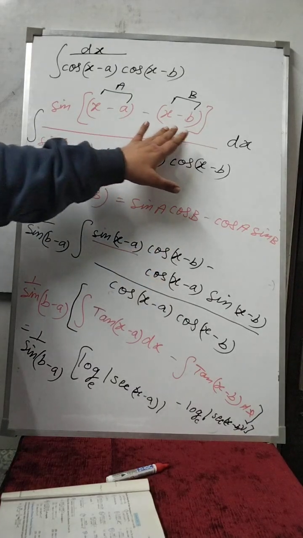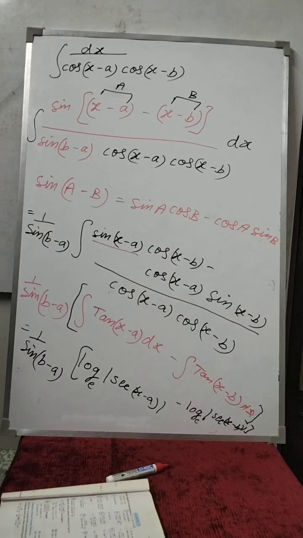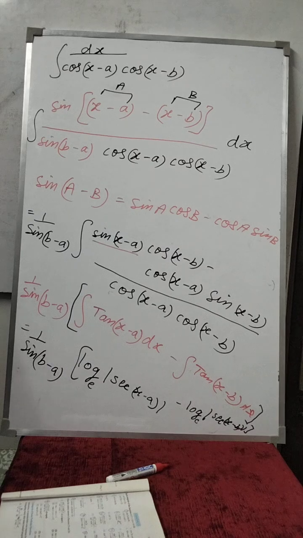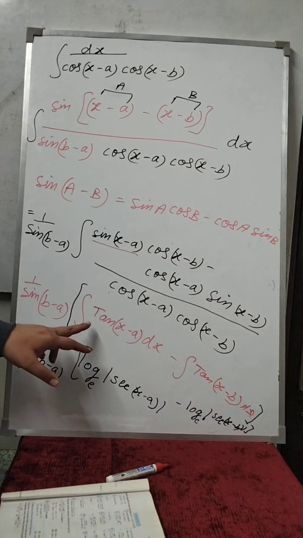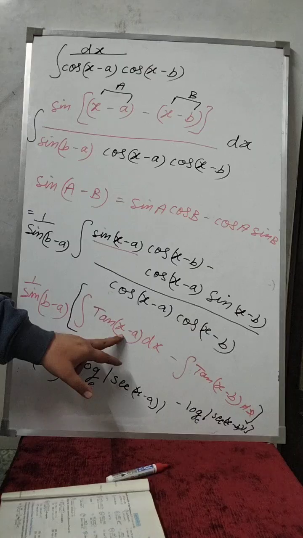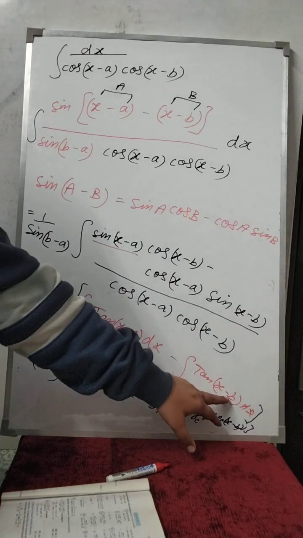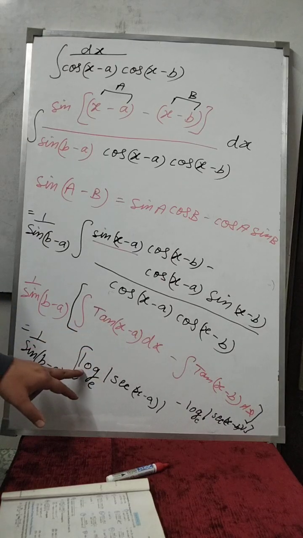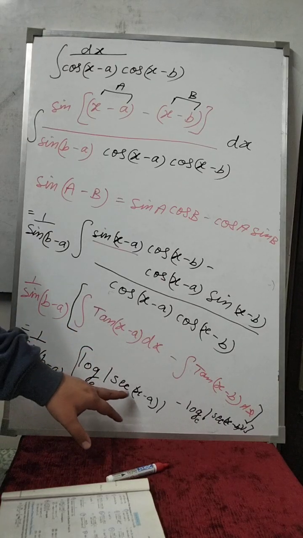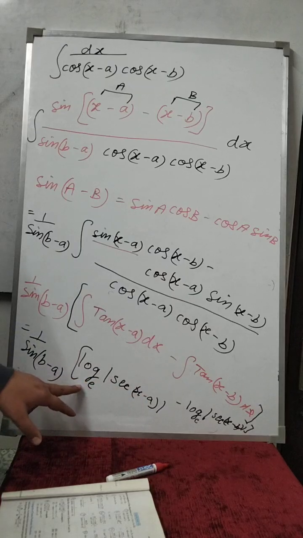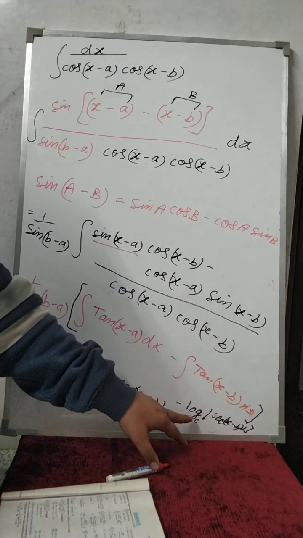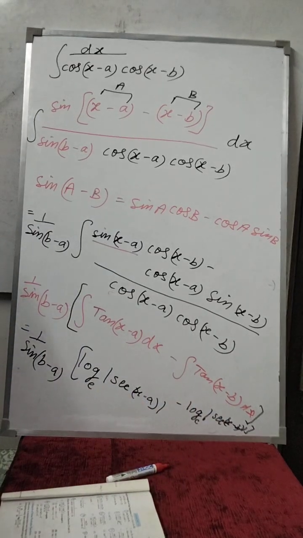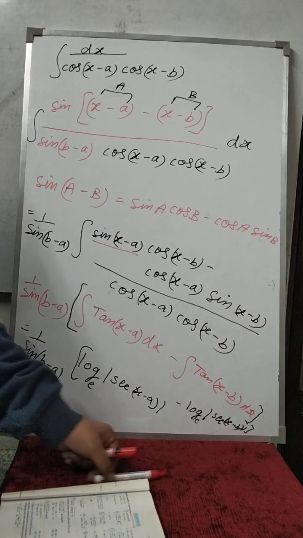Then I have divided by cos x minus a cos x minus b. So my question has reduced to integration of tan x minus a minus integration of tan x minus b. So integration of tan x minus a is log of mod of secant of x minus a to the base e. Integration of tan x minus b is log of mod of secant of x minus b to the base e. So this is the final answer, friends.